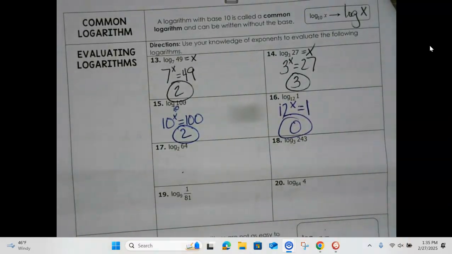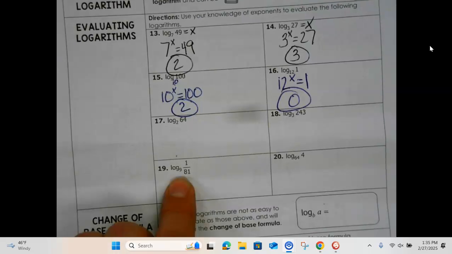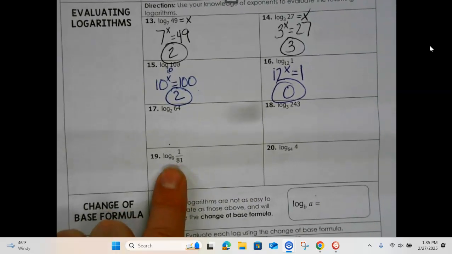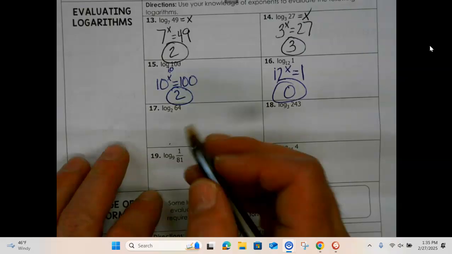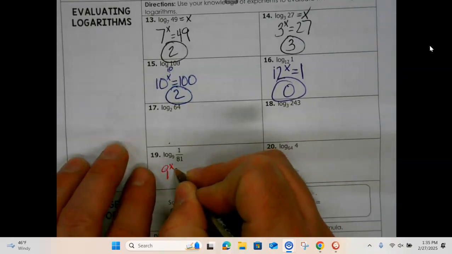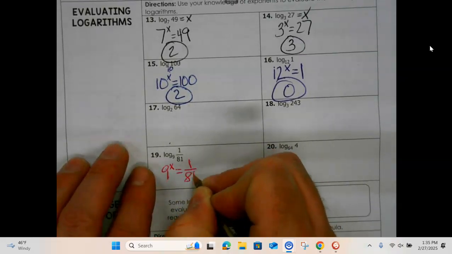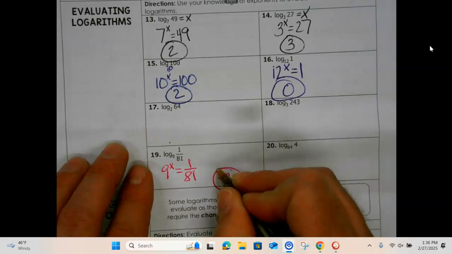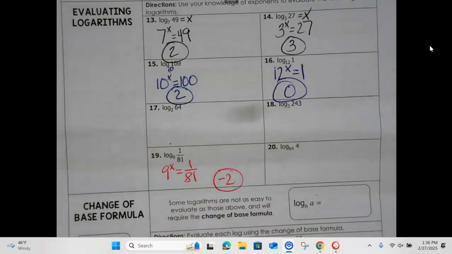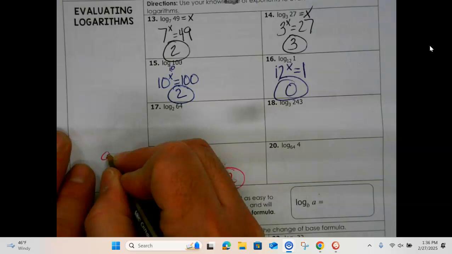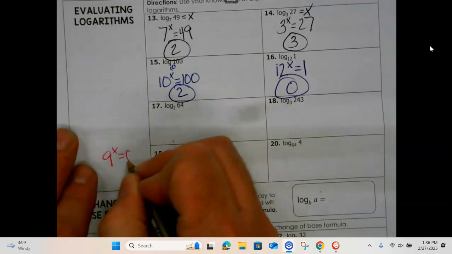Let's see, can I throw a twist in? Okay, let's jump down a little bit. Nice. Okay, so here's how this works. I've got to ask myself two things. First, 9 to what equals 81?